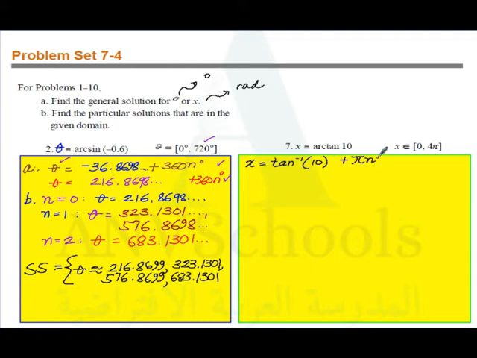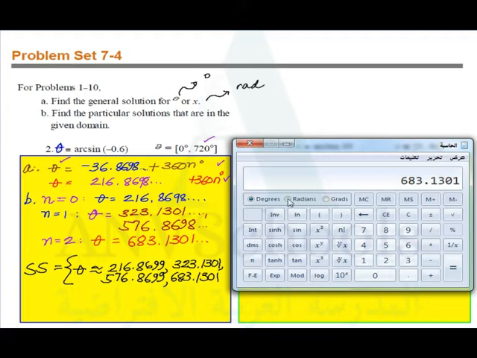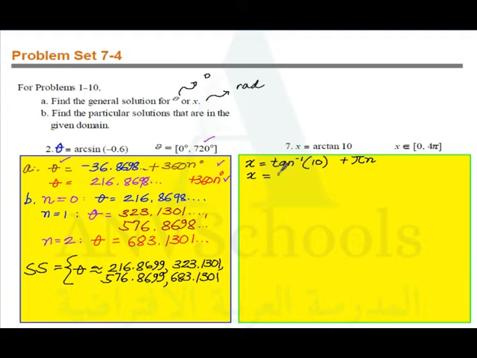Okay, so what is arctan of 10? Because this is in radians, set up to radian mode, 10 inverse tangent, that would be 1.4711 plus pi n.